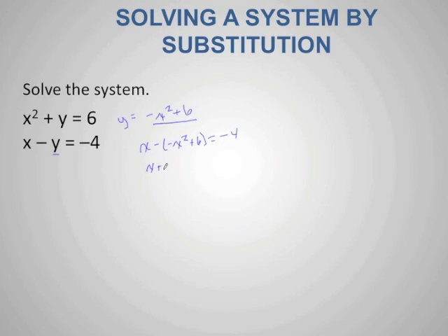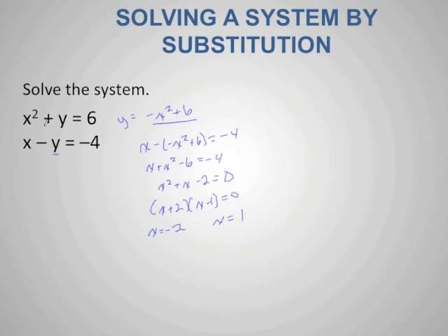So x plus x squared minus 6 is negative 4, or x squared plus x minus 2 equals 0. And that factors into (x plus 2)(x minus 1) equals 0. So x equals negative 2 and x equals 1.